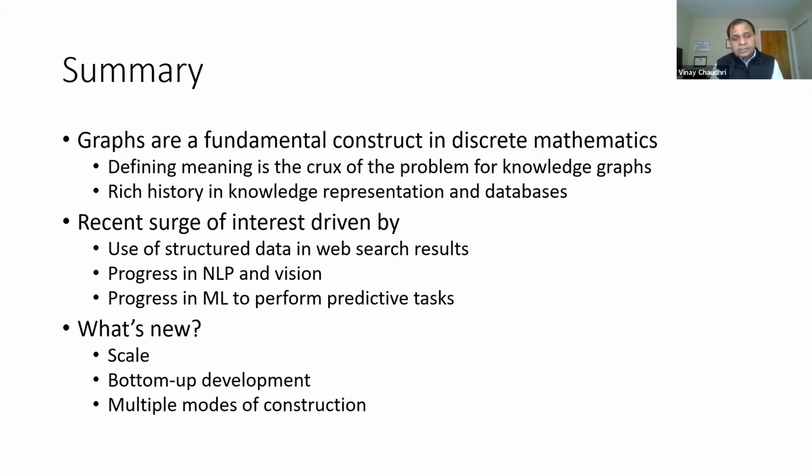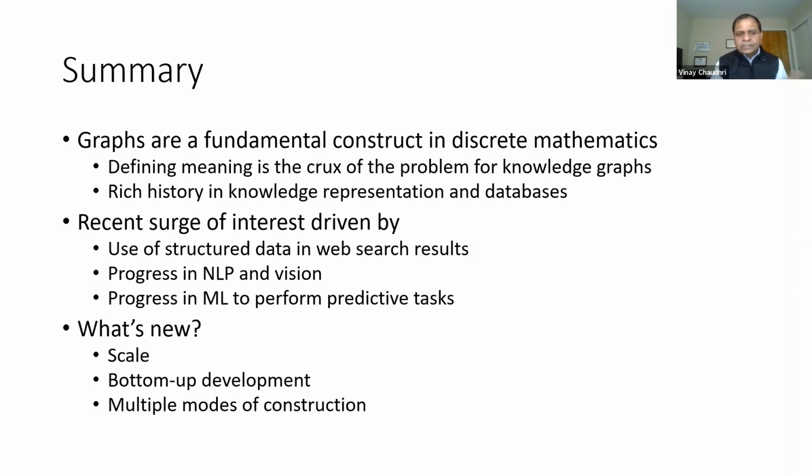Second is bottom-up development. The classical work in knowledge representation and databases has been driven by a top-down design. You are building a new application, you sit down and you carefully think through your domain model, you define your classes and relations, and then you build a piece of software. So it was driven by a top-down approach.